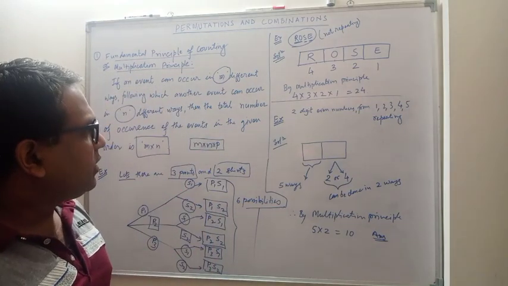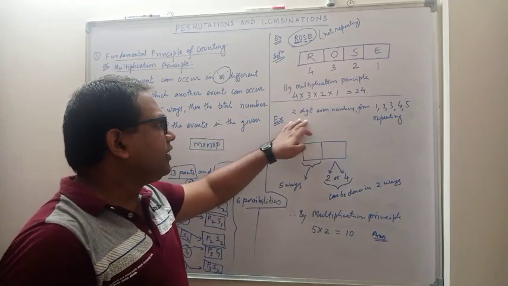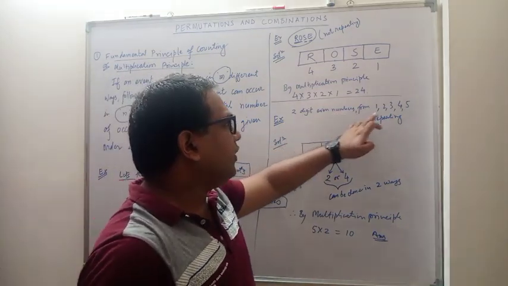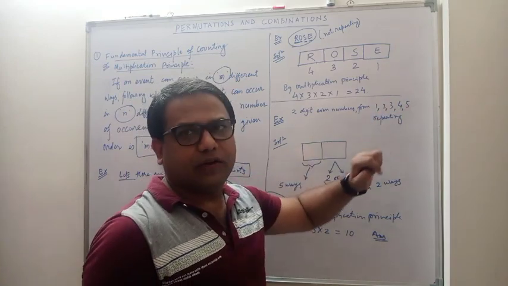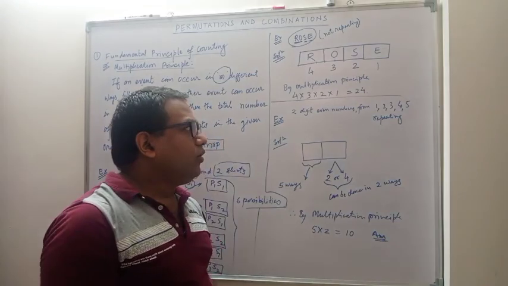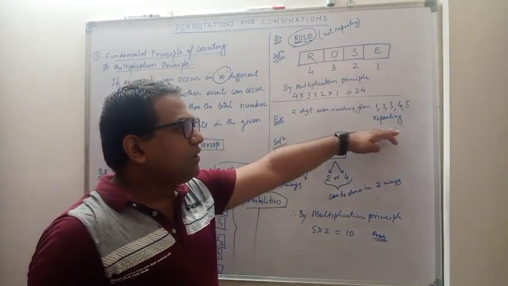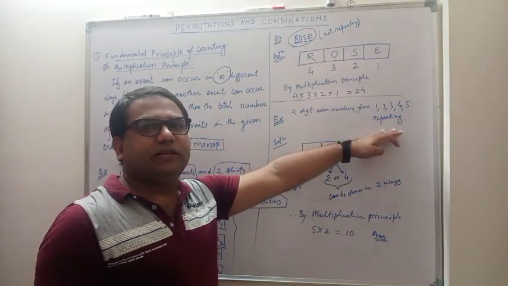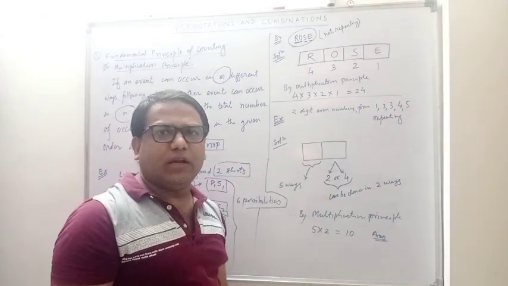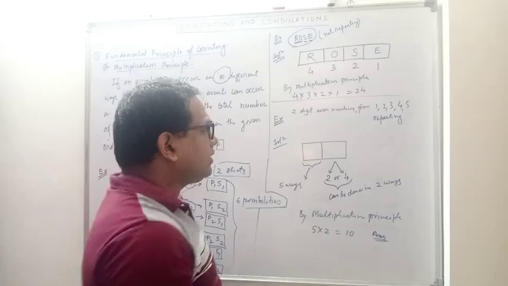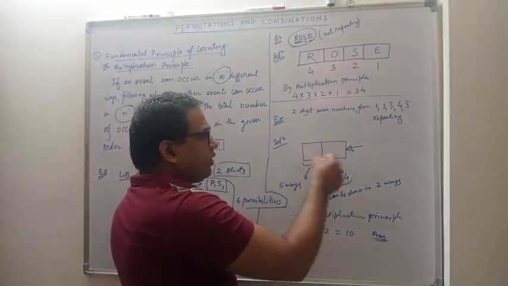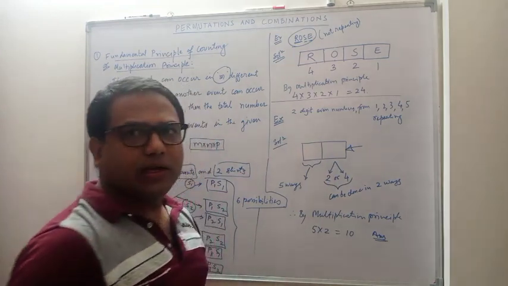Now let us have one more example: a two-digit even number, and we are using the digits 1, 2, 3, 4, 5. There are five digits, and one more condition is that the digits can repeat. To get an even number, we need 2 or 4 in the unit place, since we are making a two-digit even number.